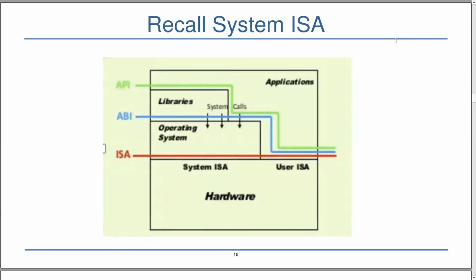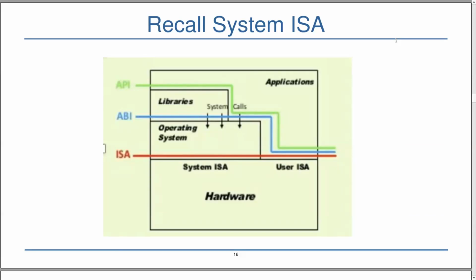Okay, so let's recall what the system instruction set is. By the way, I assume you know it's the instruction set architecture, right? I'm just going to say instruction set for simplicity.